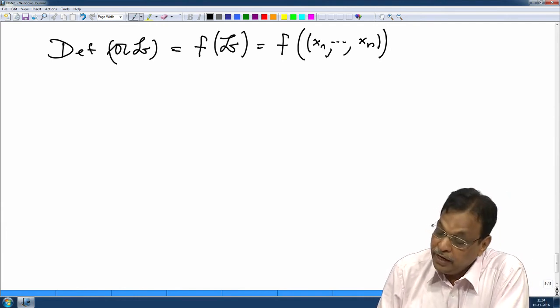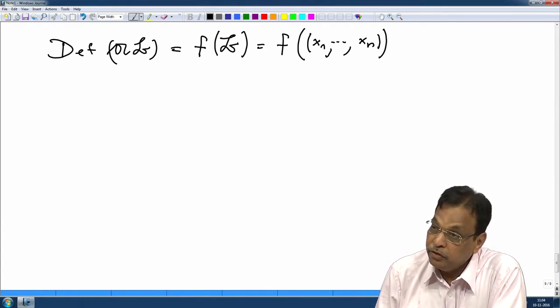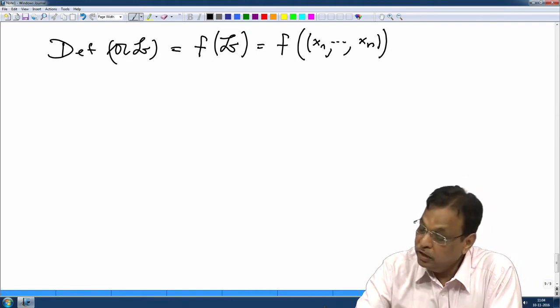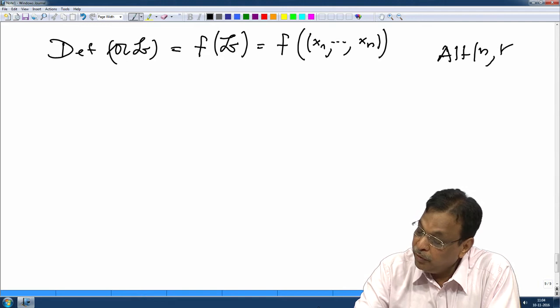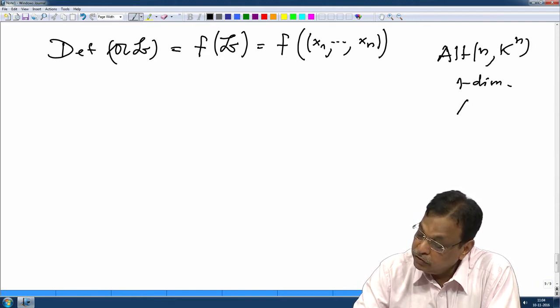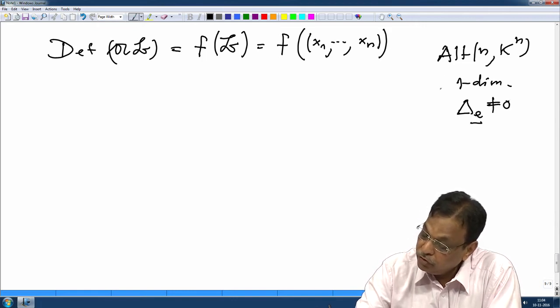But we have seen that any alternating n-multilinear map is a scalar multiple of the standard determinant function, because this Alt_n(k^n) is one dimensional, and the standard determinant function is a non-zero element in it.